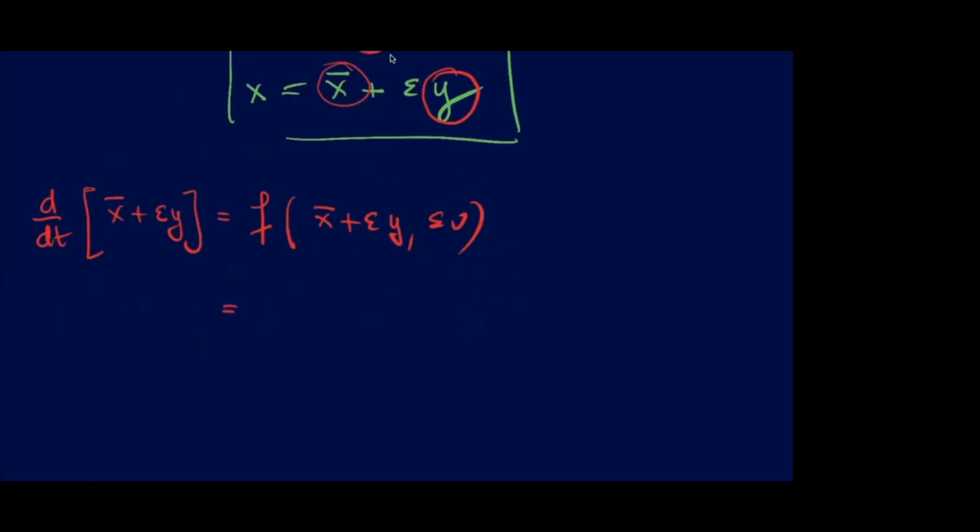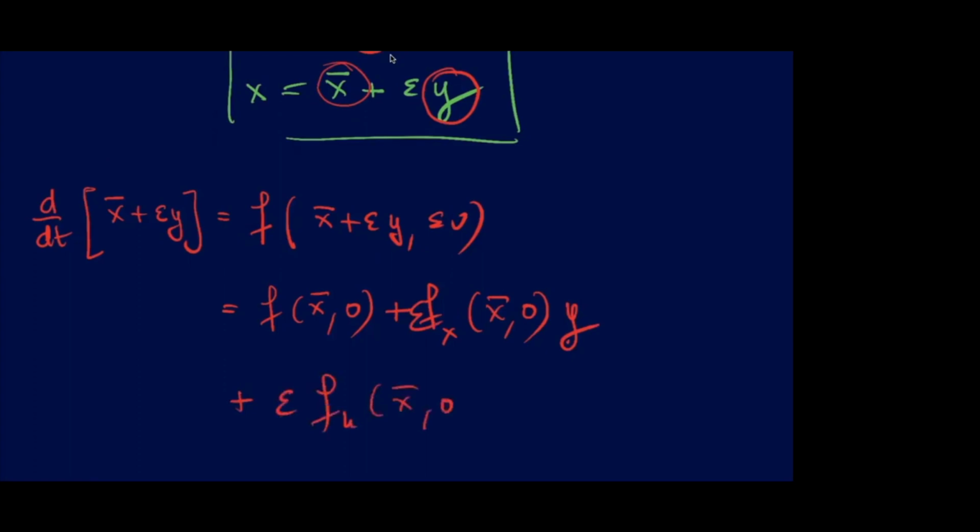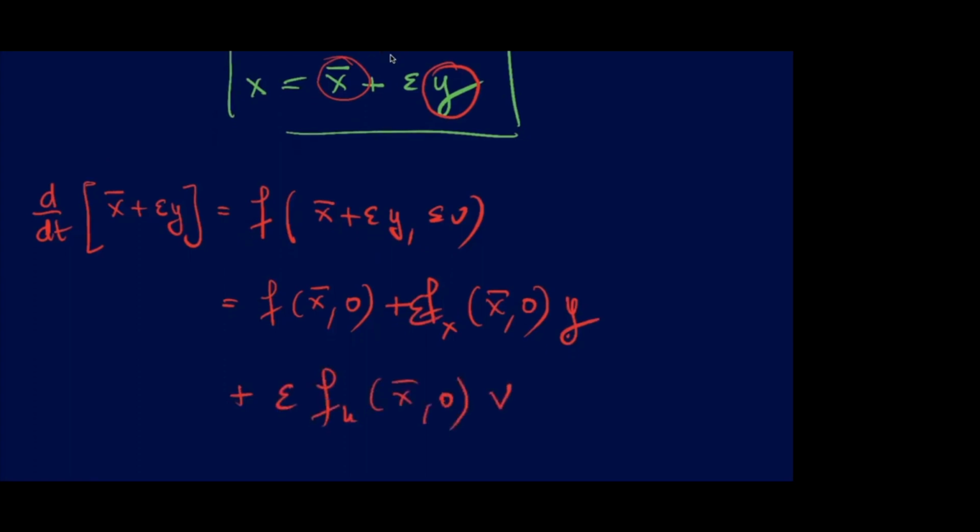So this will be f of x bar, 0 plus f_x, the derivative of the nonlinearity f with respect to the x variable at x bar, 0, times epsilon y. So I will get an epsilon here, and then I will get epsilon f_u at x bar, 0 times v, right?